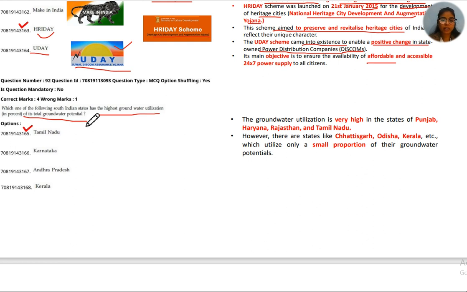So the groundwater utilization is very high in the states of Punjab, Haryana, Rajasthan, and Tamil Nadu. However, there are states like Chhattisgarh, Odisha, Kerala, etc., which utilize only a small portion of their groundwater potential. So in terms of highest utilization of groundwater, the states in front are Punjab, Haryana, Rajasthan, and Tamil Nadu, and the states utilizing less groundwater are Chhattisgarh, Odisha, Kerala. Okay.